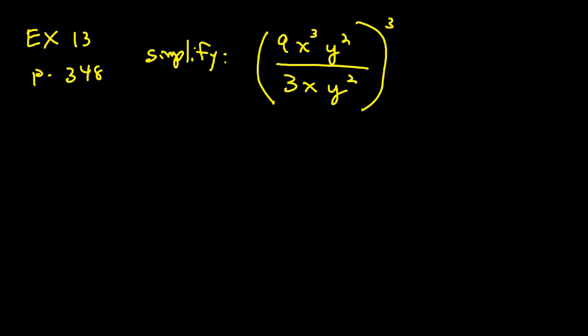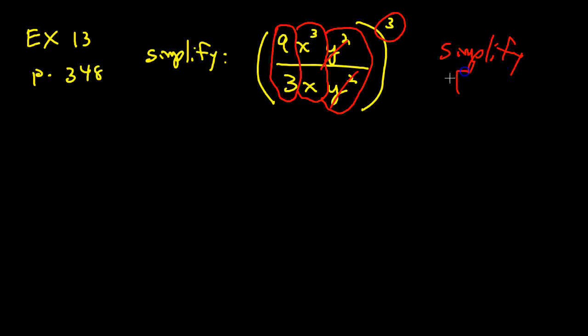All right, well, the first thing I'd want you to notice here is that 9 can be divided by 3 evenly. X cubed over x can be simplified to a simpler expression. Of course, y squared over y squared, those will cancel each other out. So before I apply this outer exponent, I'll want to simplify first within the base. This is almost always a good thing to do.